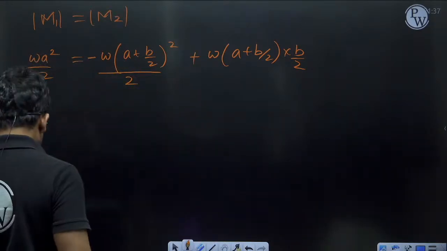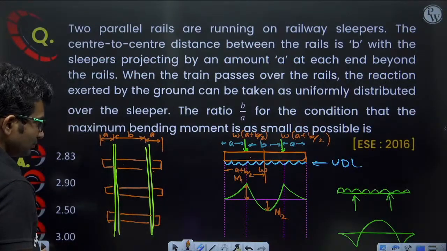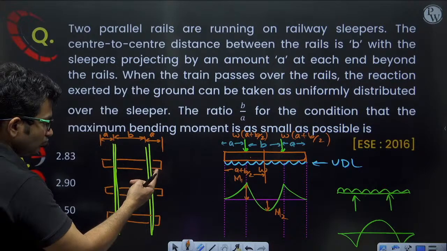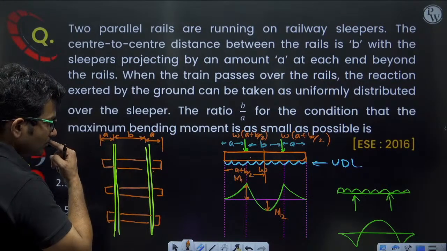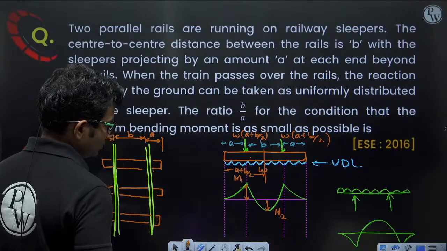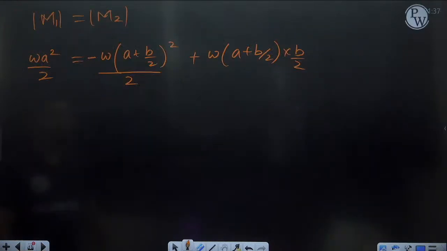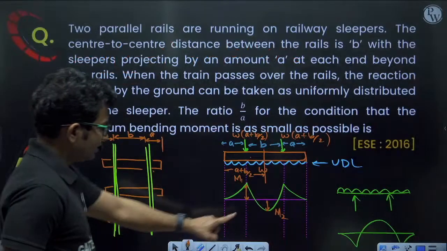w(a+b)/2, because of this UDL, here it is positive, here it is negative.